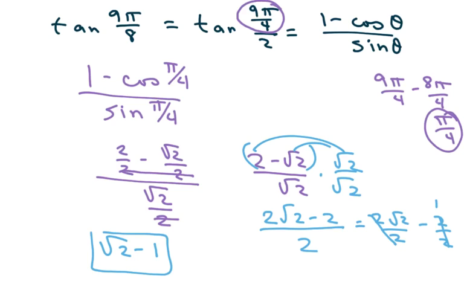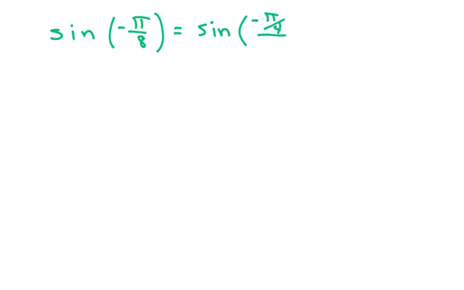Okay? Now the last two are cosine and sine. So we have sine of negative pi over 8 equals sine of negative pi over 4 divided by 2.